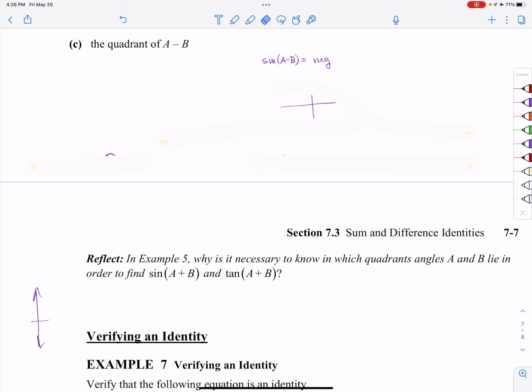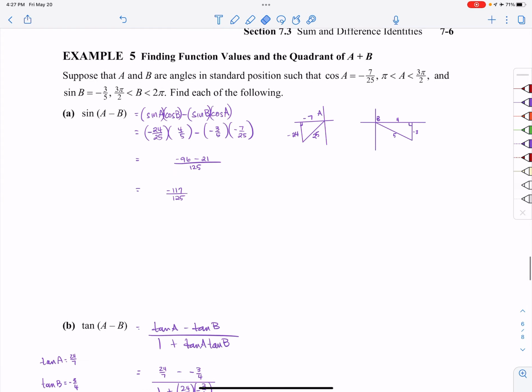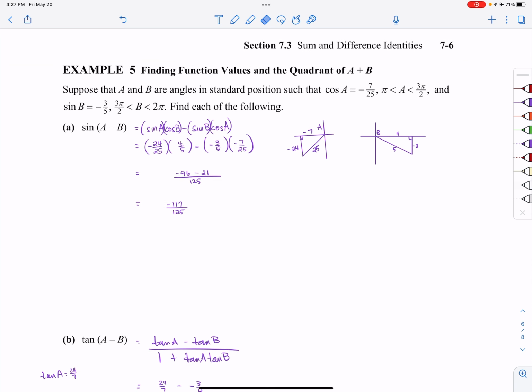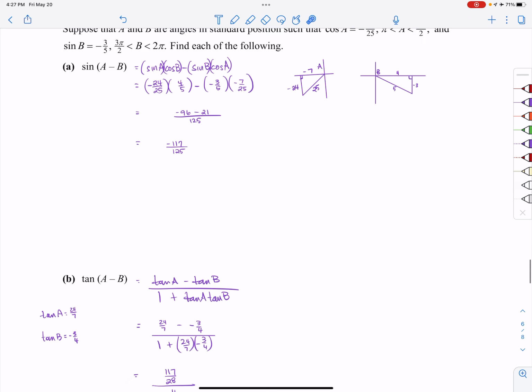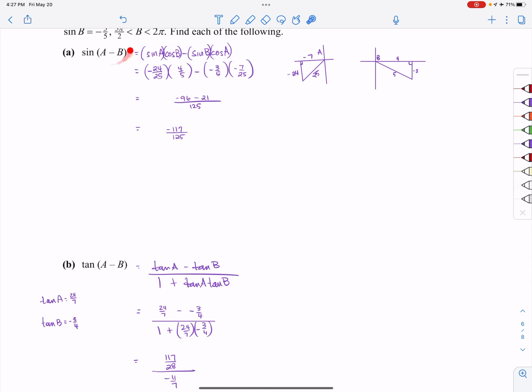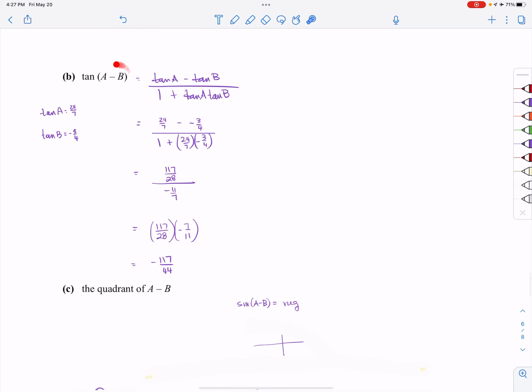So when we look here, it's asking what is the quadrant of this angle A minus B? We don't know where A minus B is. We know where angle A was, and we know where angle B was, but we were never told where this magical A minus B angle happens to be. What we notice is that the sine of this magical angle is negative, and the tangent of this magical angle is also negative.